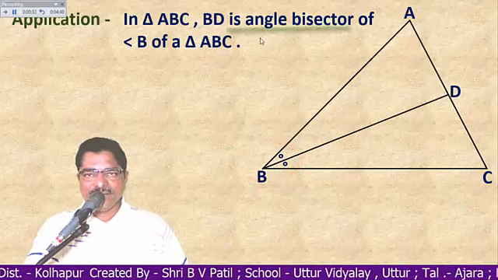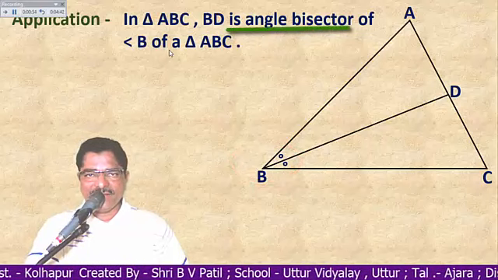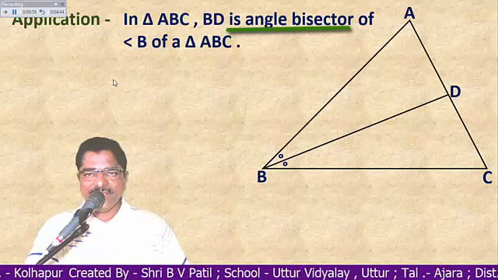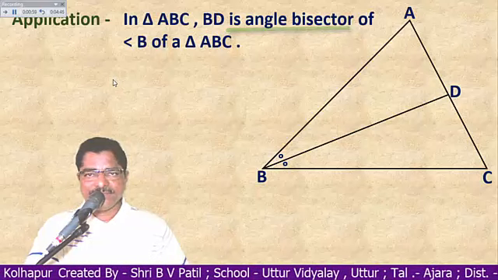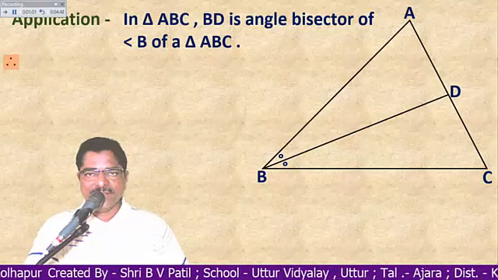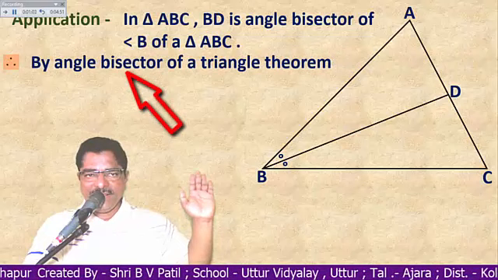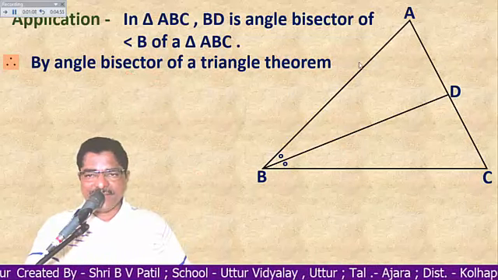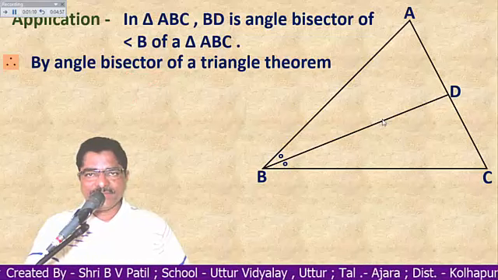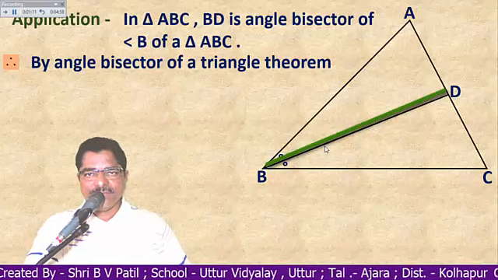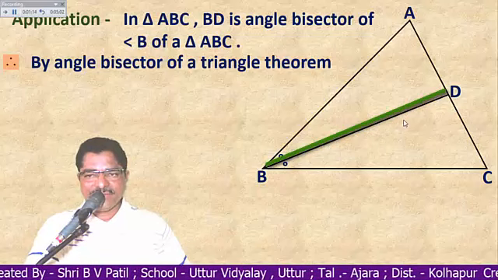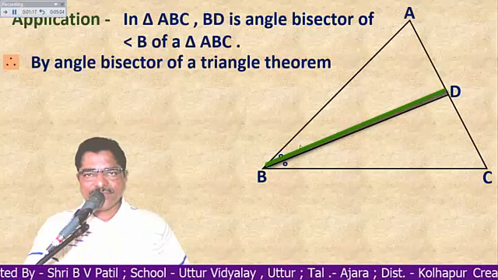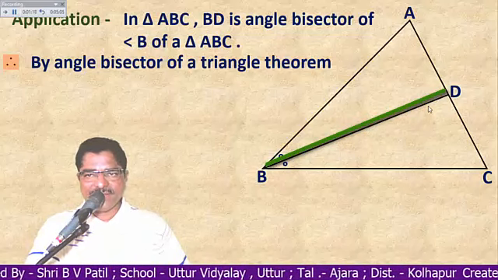When a bisector of an angle is given, which theorem can we use? By the angle bisector of a triangle theorem, what do we write? BD is the bisector.